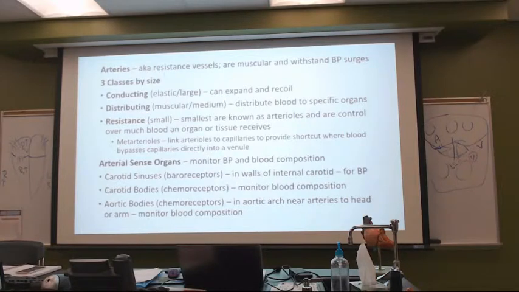All right? The aorta and the larger arteries, the ones that we refer to as conducting arteries, have a lot of ability to expand and recoil because they are under pressure coming directly off the heart, from that contraction of the heart, the blood leaving.